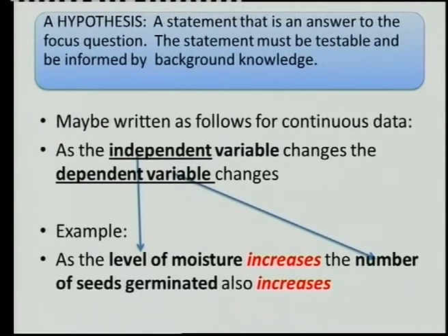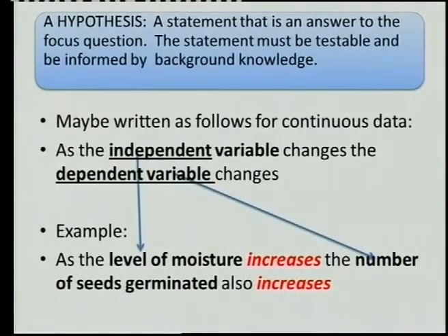Now, if we look at that example, which one of those two factors can we control? Can we change all the time? And which one will change as a result of the one that we manipulate? In other words, you're asking them the one that we have control over, that we can decide upon. That is the independent variable. If we look at our slide, the level of moisture increases, that was the one you decided.